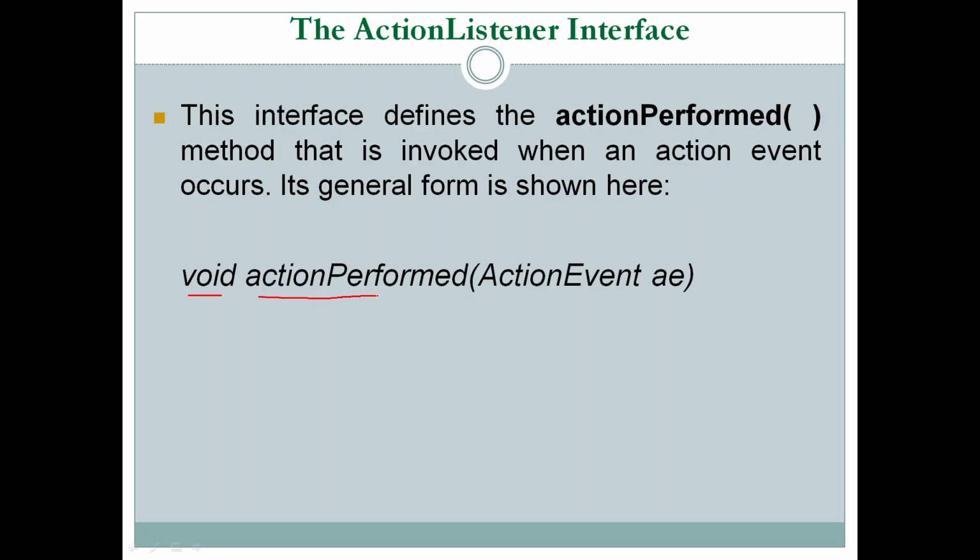The method name is actionPerformed, where P is capital. This method takes an argument of type ActionEvent. This method is called when the action event is generated. You click on the button, an action event is generated, and it will call the actionPerformed method.